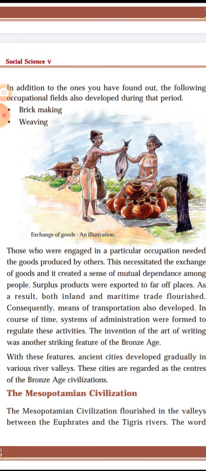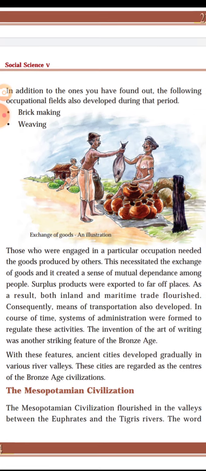In the Bronze Age, the art of writing developed. Various changes occurred in this Bronze Age. Just think, what are the developments made in that Bronze Age? Okay?